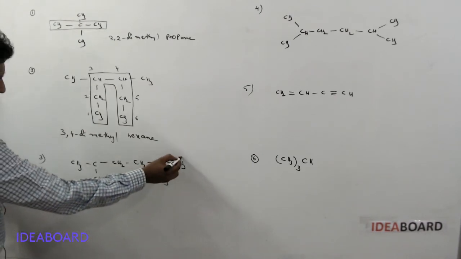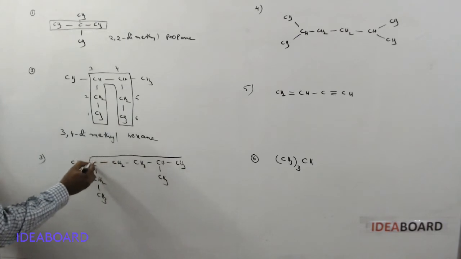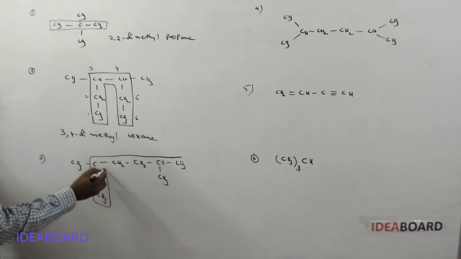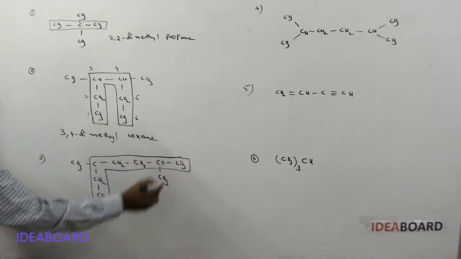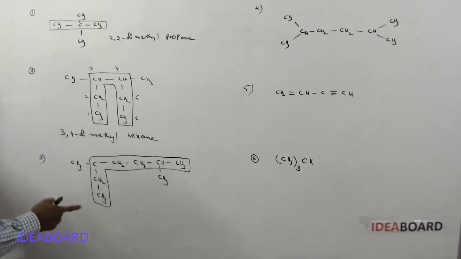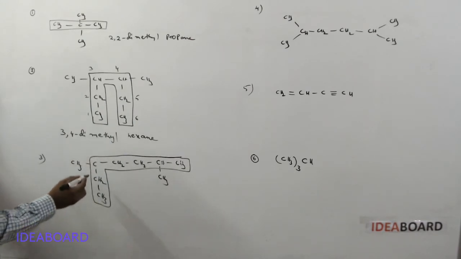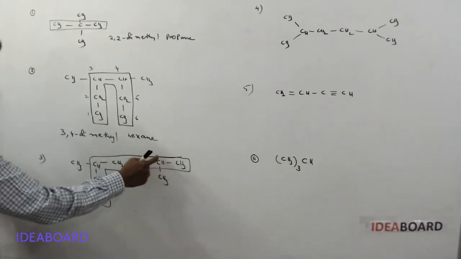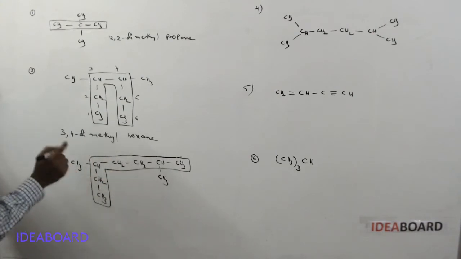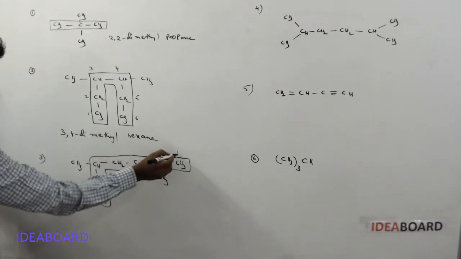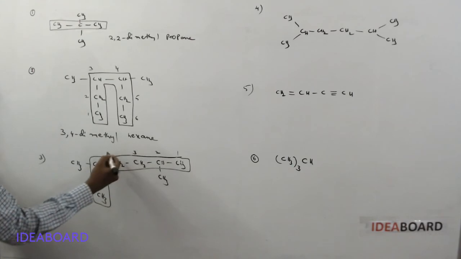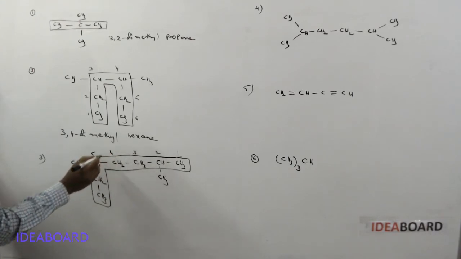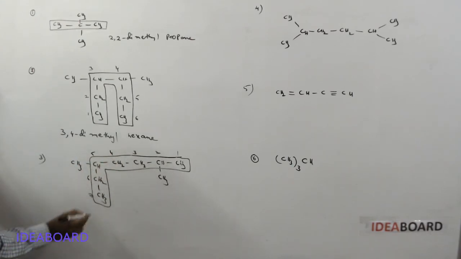Now the parent chain must be like this only. Even when they give it as C2H5, you must try to expand it, and then we get the total number of carbons. Then it is a 1, 2, 3, 4, 5, 6, 7 carbon chain, and numbering will start from this side. 1, 2, 3, 4, 5, 6, 7.